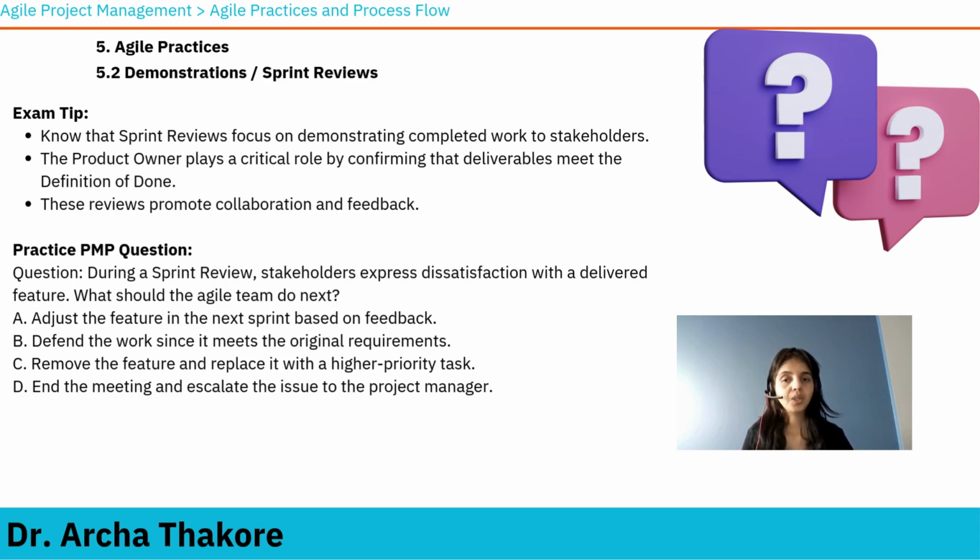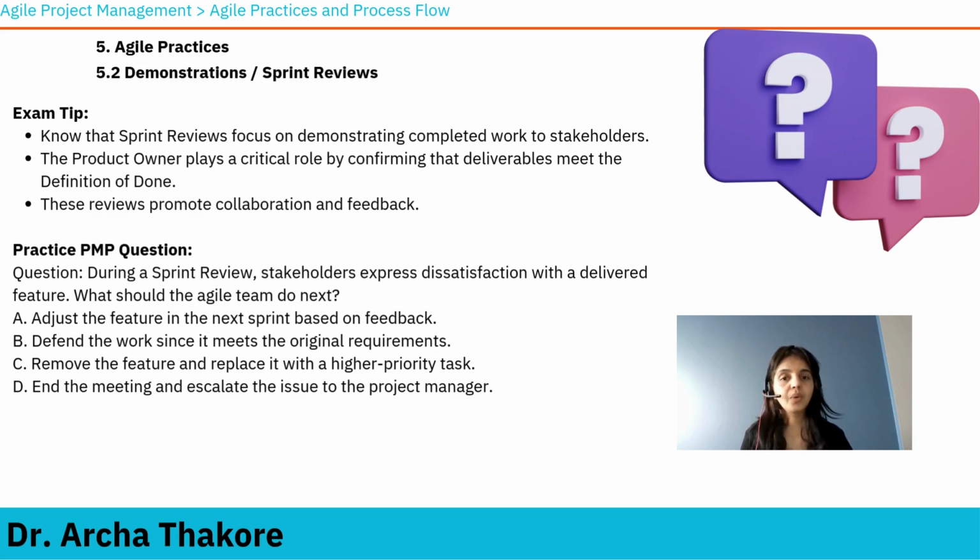First option, adjust the feature in the next sprint based on feedback. Second one, defend the work since it meets the original requirements. What's the point of doing something when the customer is not satisfied with it? So, this can't be your answer. Third, remove the feature and replace it with a higher priority task. That is not a very productive, efficient way of doing it, because removing that feature is a requirement.